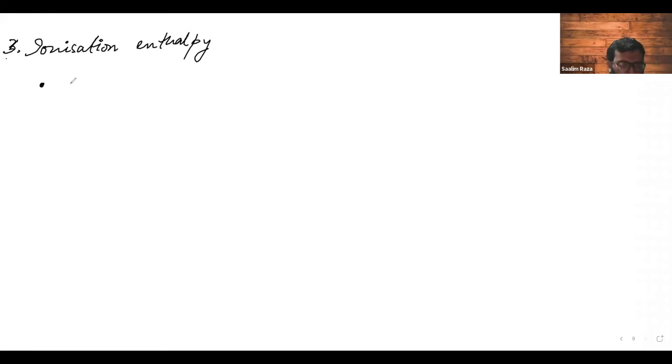NCERT has defined this as a quantitative measure. Quantitative means it will have some kind of value.